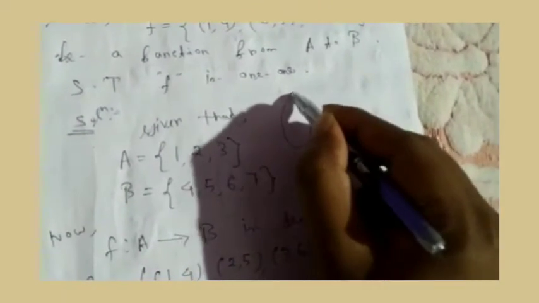That is the proof, but I will explain it a bit more easily. Suppose this is the domain, with the numbers 1, 2, 3, and in the codomain we have the numbers 4, 5, 6 and 7. See here, 1 to 4, 2 to 5, 3 to 6.